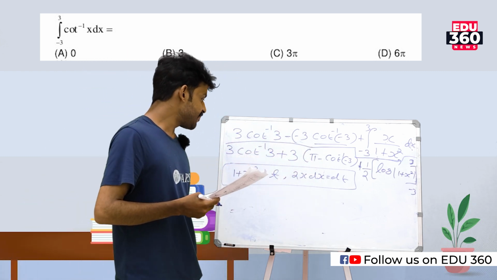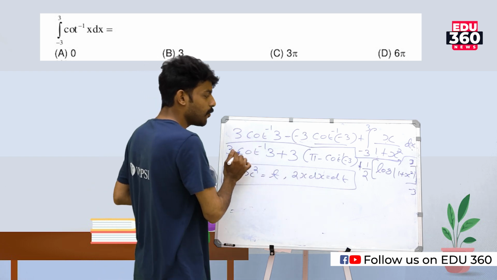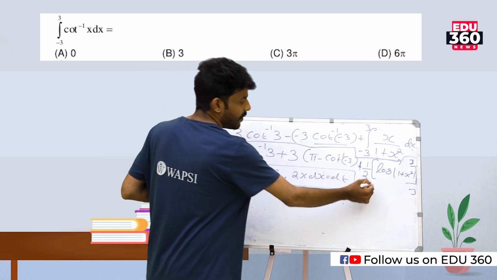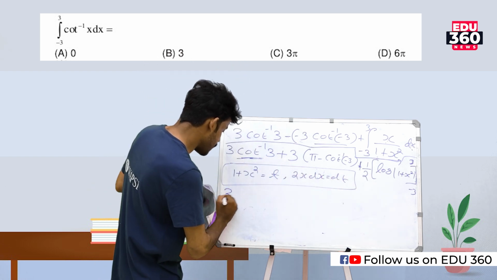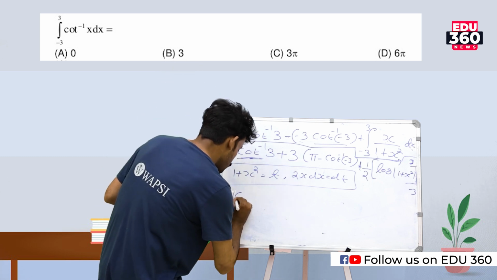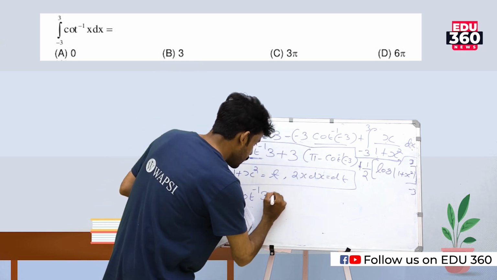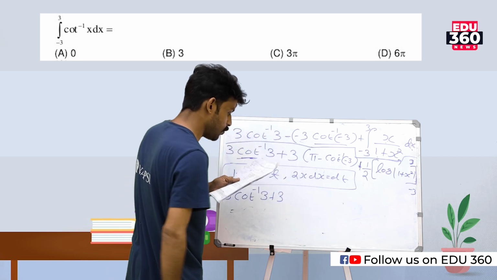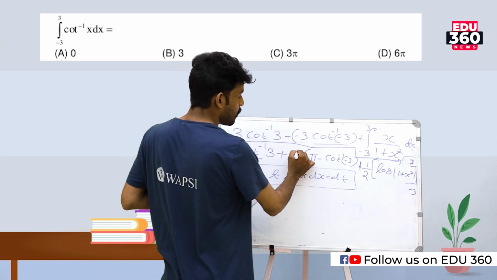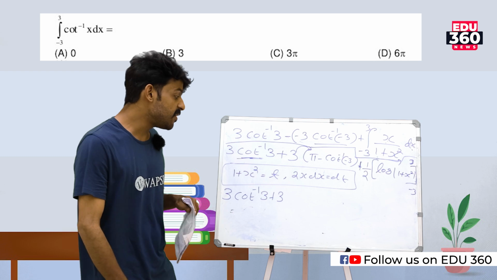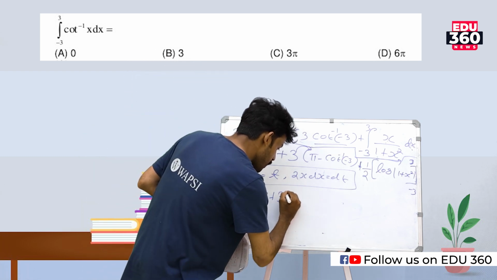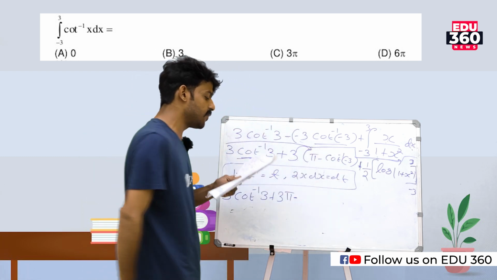In the next step, we are going to rewrite this once again. So that is 3 into cot inverse 3 plus 3 into, just multiply here, 3 into pi means 3 pi. So 3 pi minus 3 into cot inverse minus 3.